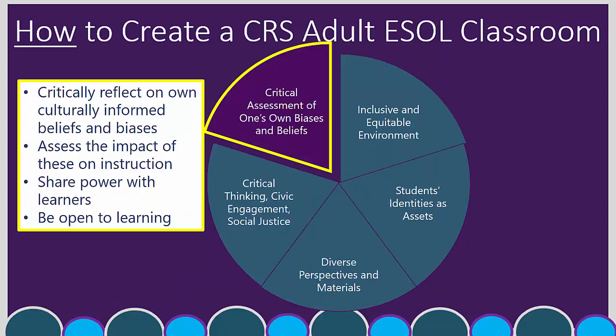The last piece of the CRST pie is focused on teachers' own self-awareness and professional and personal development. In order to teach in a culturally responsive and sustaining way, teachers commit to critically assessing how their own cultures, assumptions, and beliefs affect their worldview and approach to teaching.